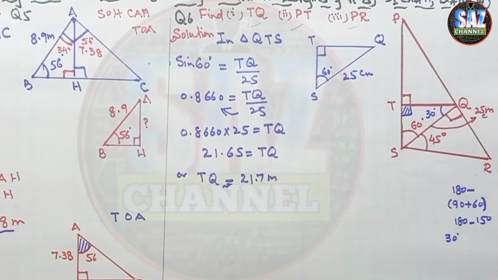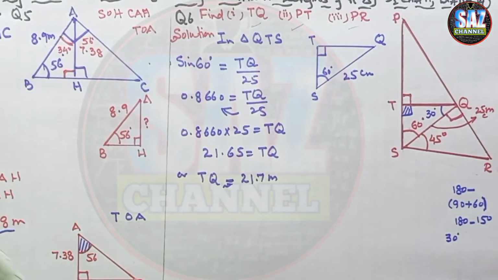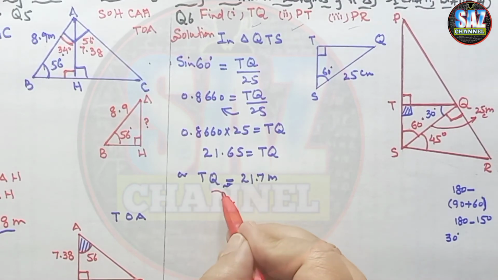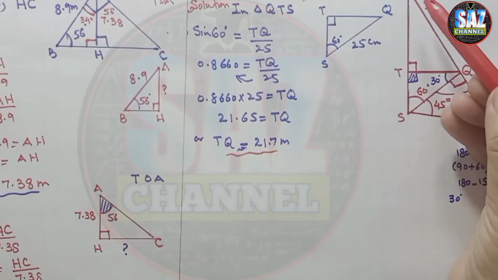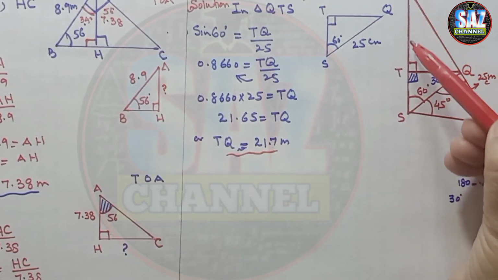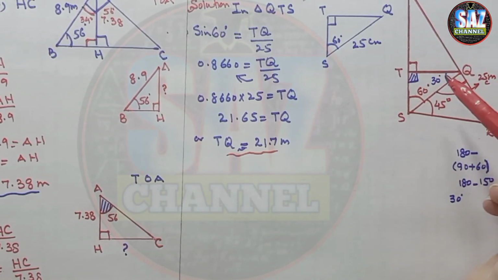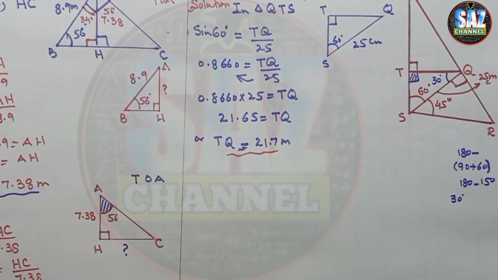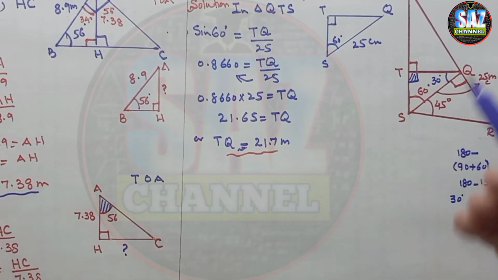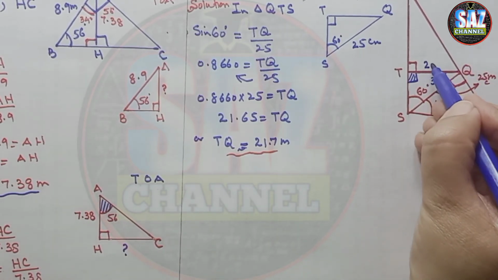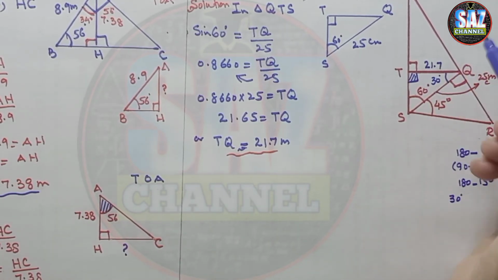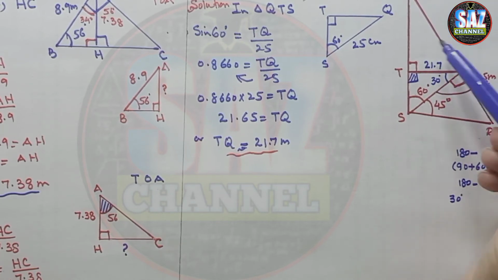Now let's move to the second unknown of the question, that is the PT side. If you look at the PT side, that is the height of this top standing triangle. After calculation of TQ, we have the base with us, that is 21.7, but we can see that only one length is given.